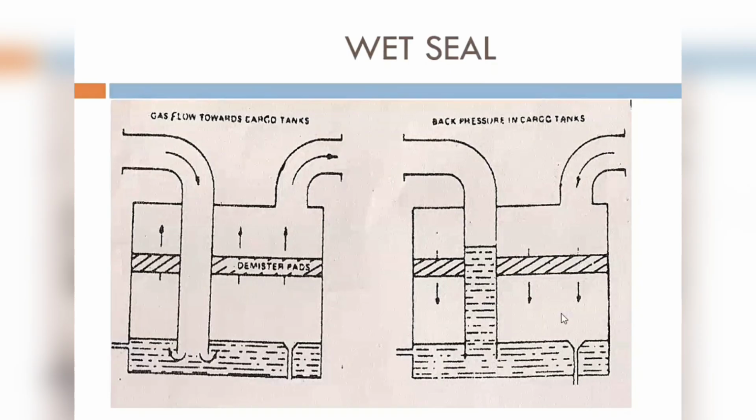As the pressure increases on the surface of the water, the level also increases. So it becomes impossible for these vapors to bubble through and go to the engine room. It is 100% guaranteed that these vapors will never go to the engine room as long as I maintain the water level in the deck seal.